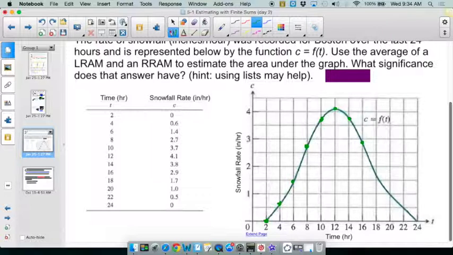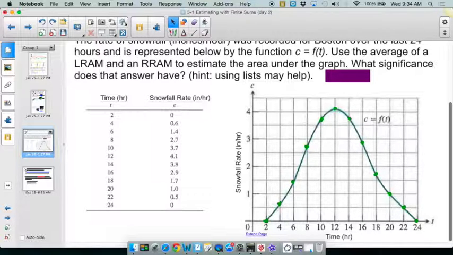From this table, we're going to develop an approximation method, and choose whichever one you want to use, to determine the area underneath this curve.